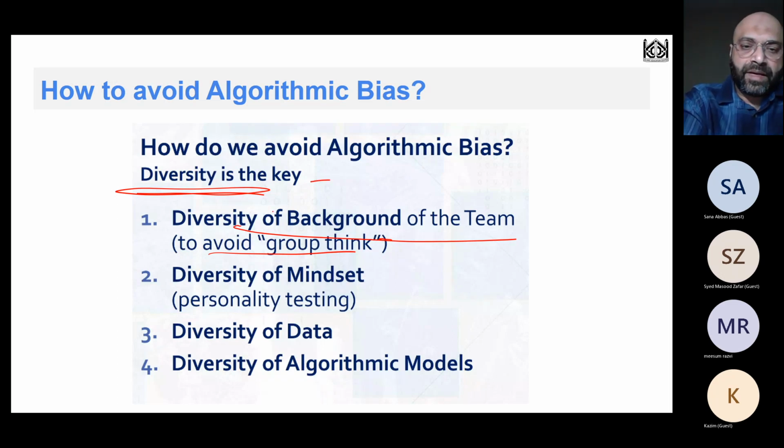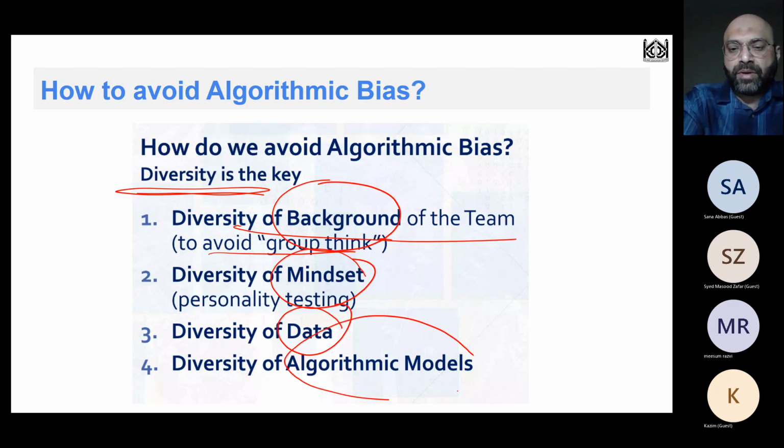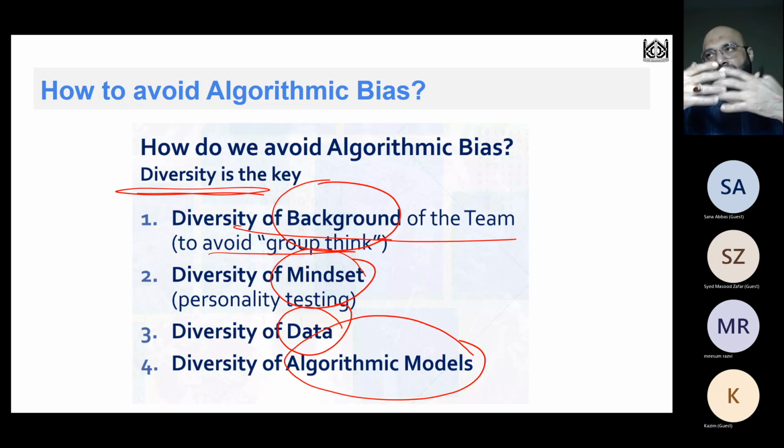So diversify the background in your team, diversify the mindset, diversify your data, and diversify your algorithmic model. So bring in diversity in every aspect, which is going to help you avoid the biases.